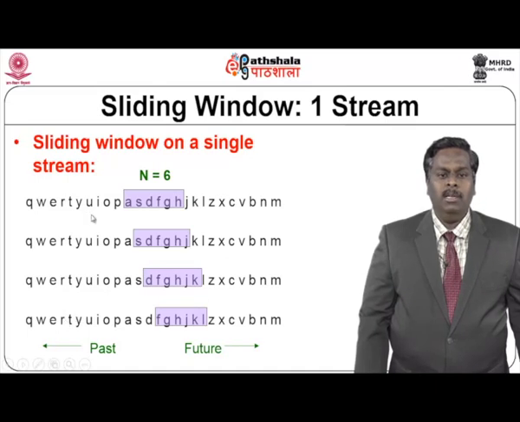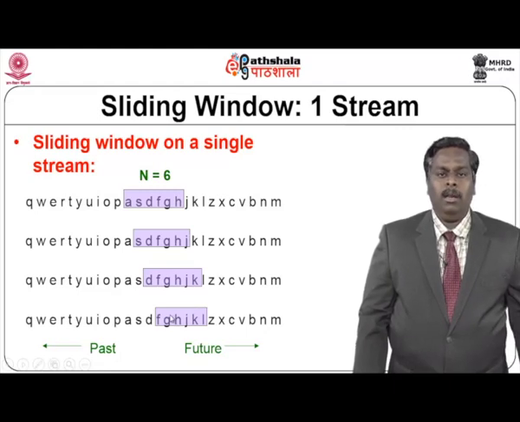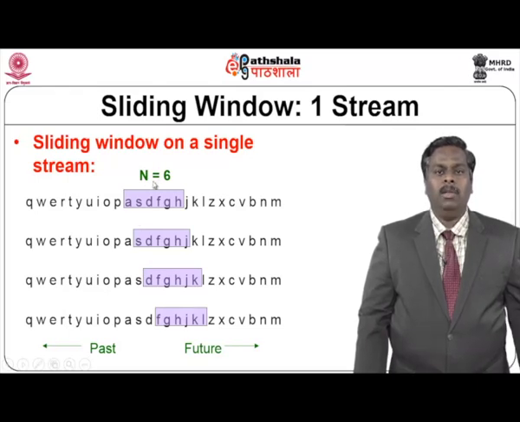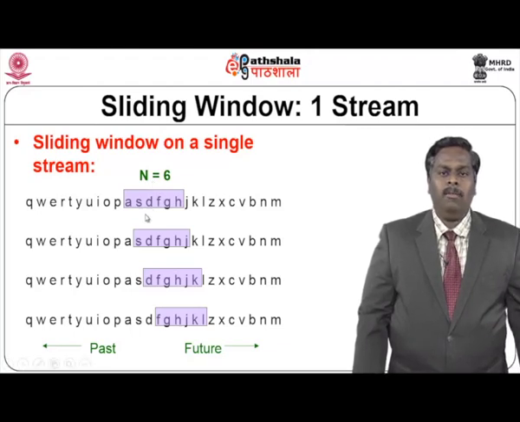So, to summarize, the sliding window will highlight the elements which have occurred earlier on its left, the elements which are currently inside the window, and the elements that may occur in the future towards its right. And since the window highlights the most recent elements based on the size fixed by the analyst, we will have a feel as though the window is sliding over the given data stream.